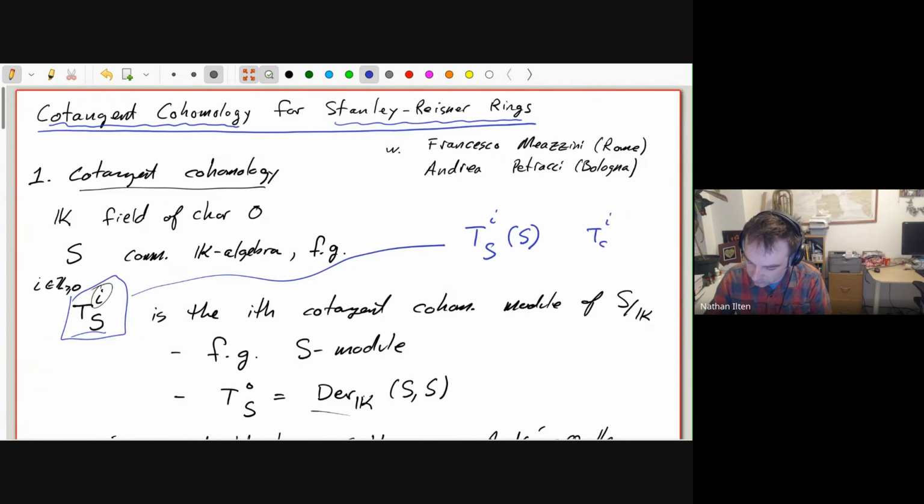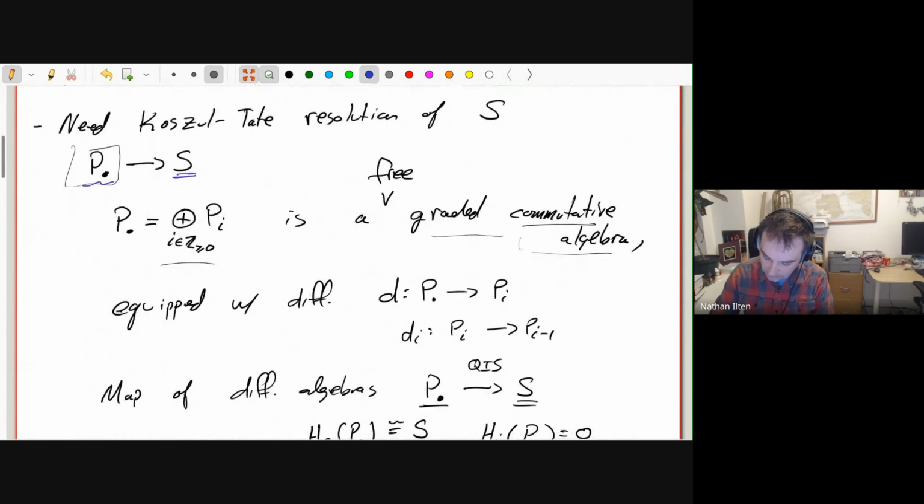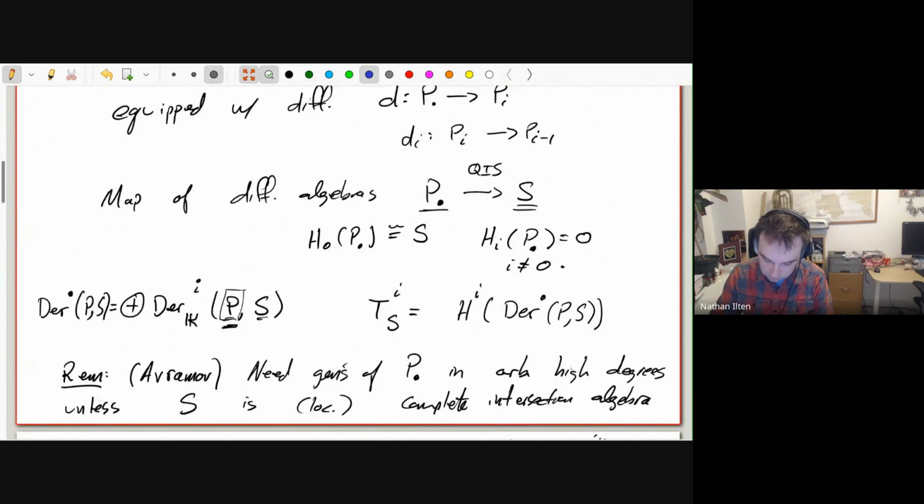So there's Ti of S with values in M. You'd get this by replacing this S with an M. And so this gives you a bunch of long exact sequences.